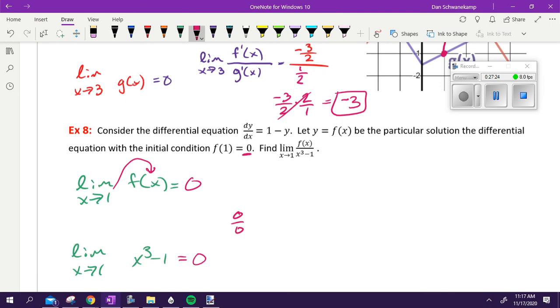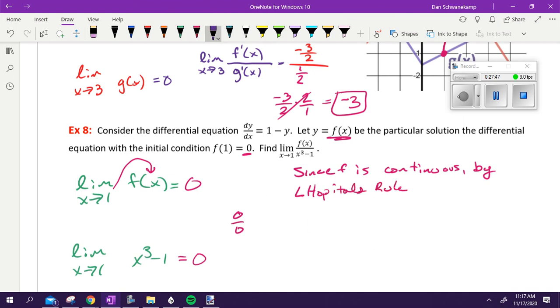Since I got 0 over 0, I'm using L'Hopital's rule. We're going to say since f is continuous. I know it's continuous because they told me the derivative. Since f is continuous by L'Hopital, we're going to take the derivative. So we're finding the limit as x approaches 1.